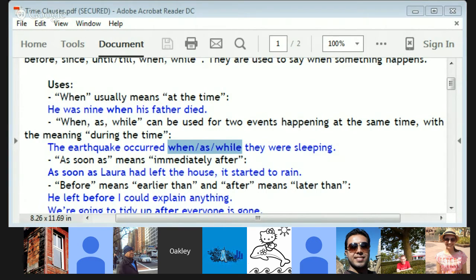Okay. What's the point? I can use while, right? Okay. Sure. I was playing while my brother was reading book, for example.